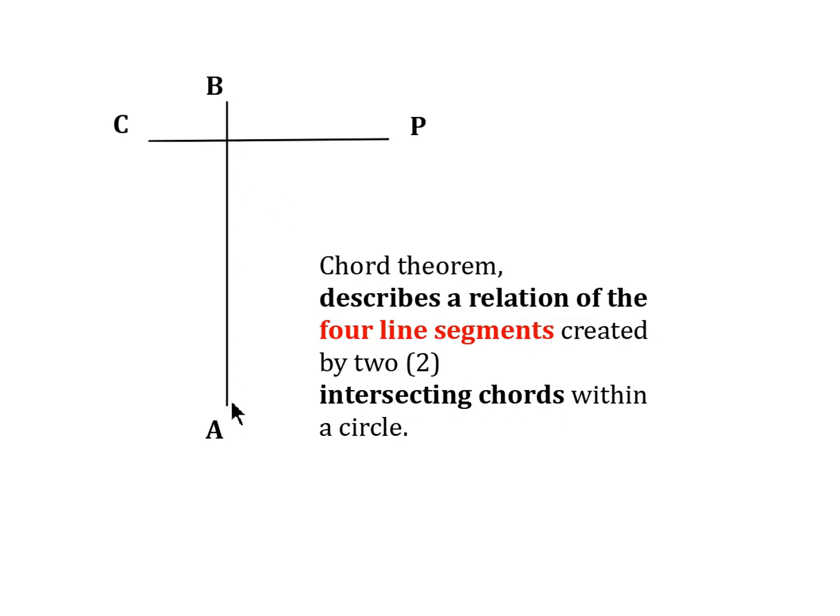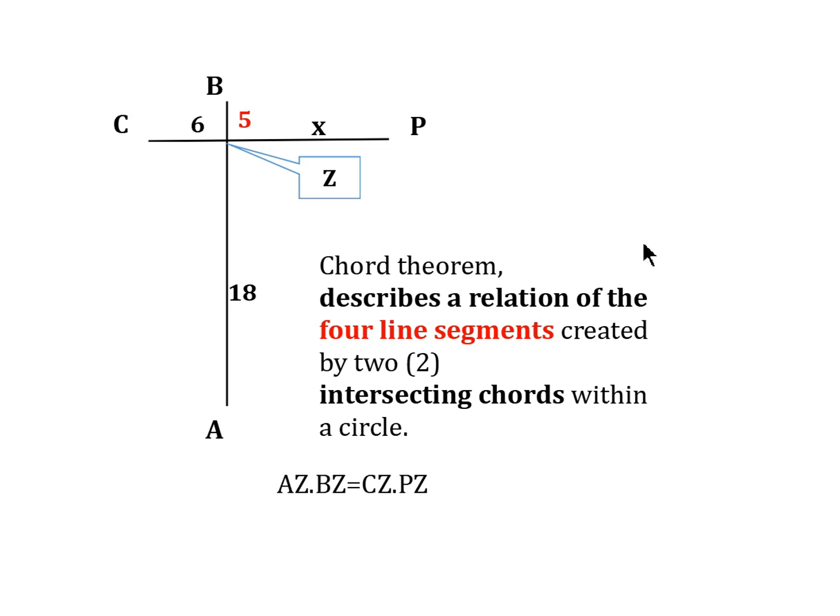If two chords intersect at the point Z, then due to this intersecting point, four line segments will be created, right? One is CZ 6, PZ x, BZ 5, and Z to A will be 18.